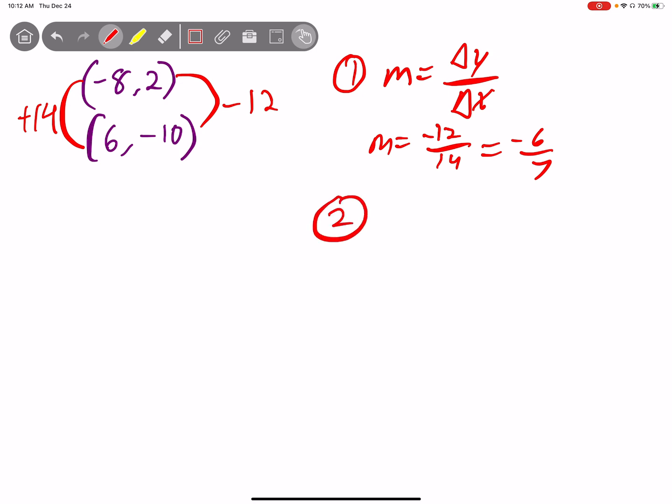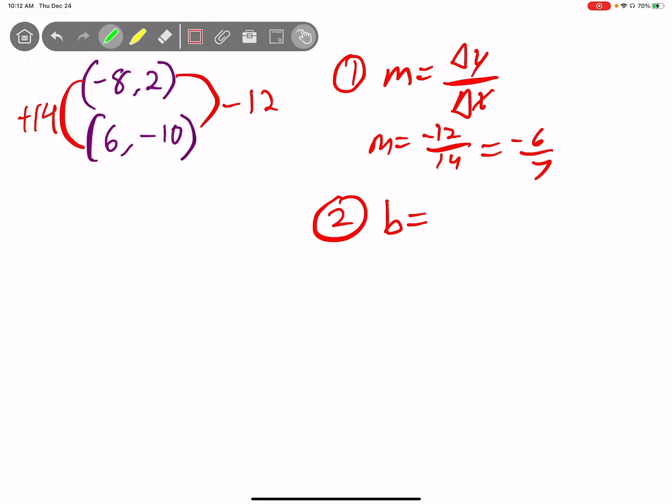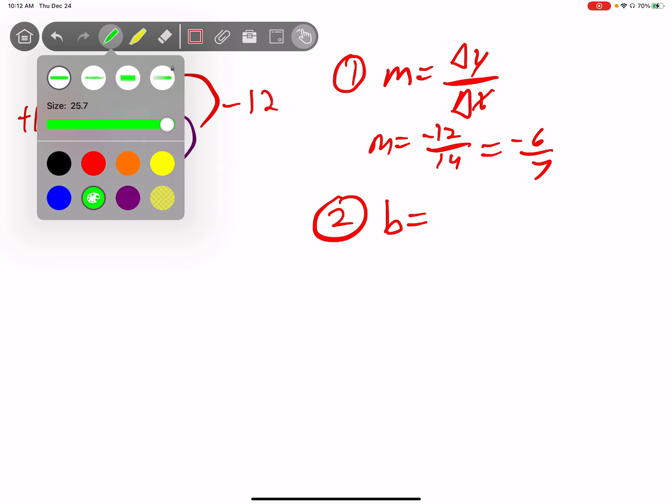Now the second thing we need to do is figure out b. So remember, when we figure out b, we need to find a point. Well, we have points. We need to choose a point and plug it in. It does not matter which point you use, okay? We're going to use both and show that it works regardless of which one you use.